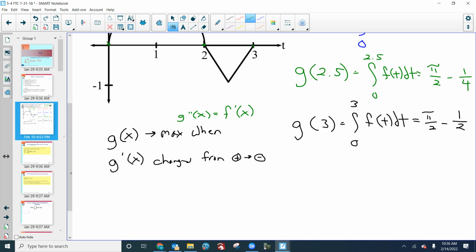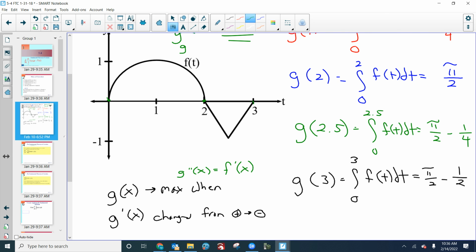Cool. 1 and 2.5. What's F prime? It's the slopes on this graph. Where do the slopes on this graph change sign? Positive slopes, 0 slope, negative slope. Yep. Point of inflection at 1. Negative slope, negative slope, negative slope. Oh, still negative slope, negative slope, negative slope. Positive slope. Okay.